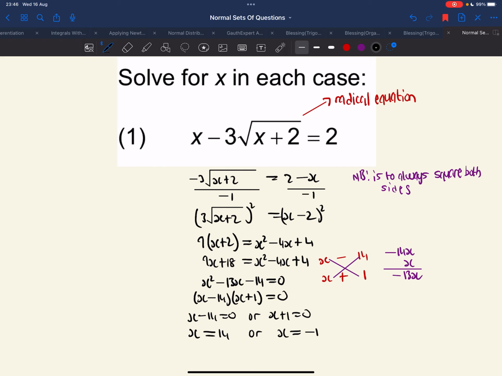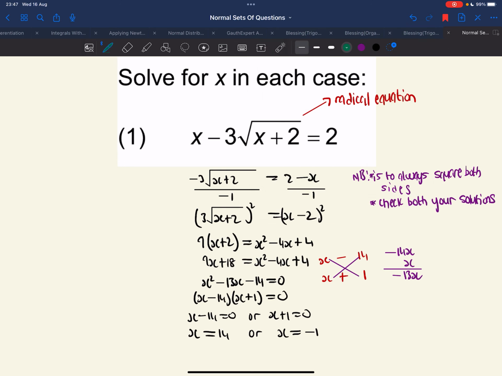And then the other most important step here is to always check your solutions. Check both your solutions, because it always happens that one of them is not actually the one that we're looking for. So let me pick another color.